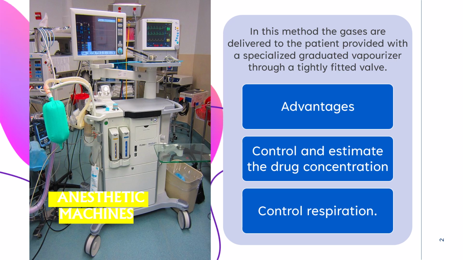You will have the cylinder attached and fitted with the valve. Then the graduated vaporizer converts the liquid or gas into vapor, and the vapors are supplied via the valve.